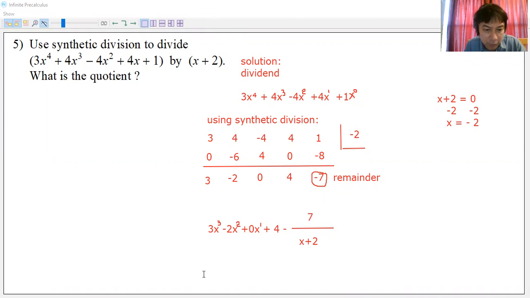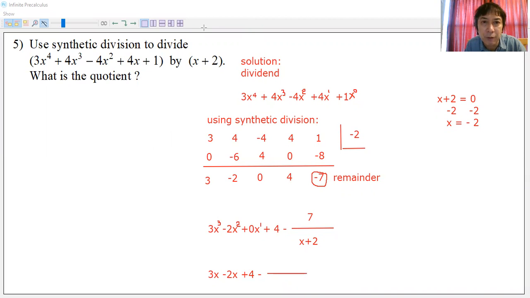This will be 3x cubed minus 2x squared. We can now omit that 0x to the first, because the coefficient is 0. So it will immediately be plus 4 and then minus, and then we write the fraction.